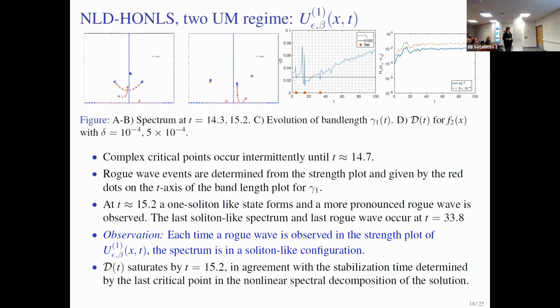So basically, what we are observing is that every time a rogue wave is observed in the strength plot of U1, the spectrum is in this soliton-like configuration.